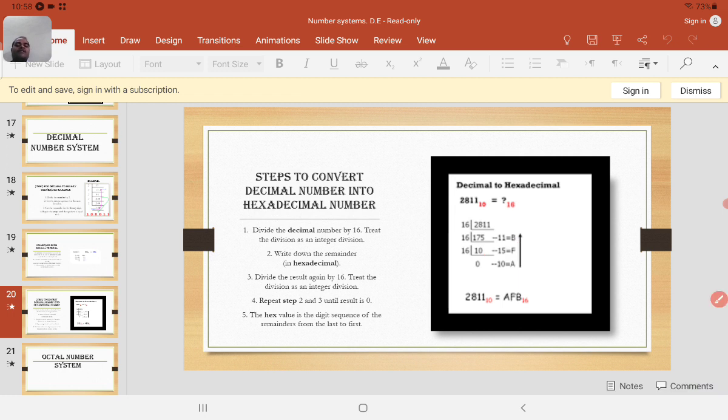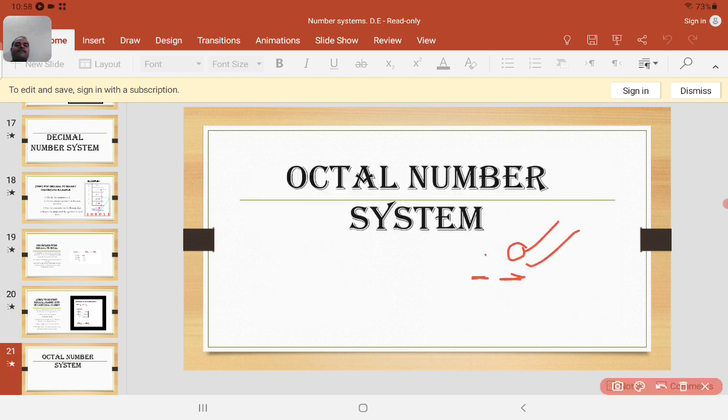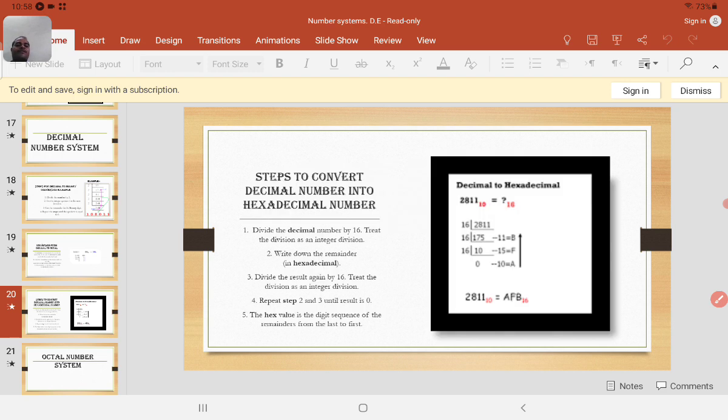Same as the previous case, when we are converting from decimal to any other system, we have to divide successively and write the resultant number from downwards to upwards. That means the remainders move from downwards to upwards like this. So the numbers are 10, 15, 11, that means the equivalent digits are A, F, B, base 16.